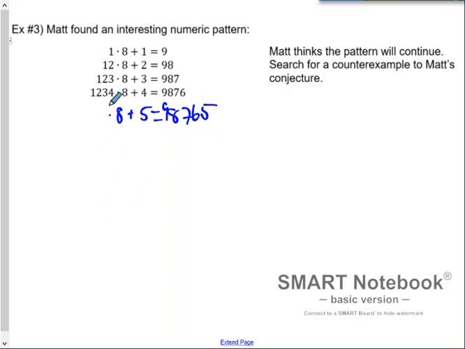And this number next will be 1, 2, 3, 4, and then 5. So in our calculators, we can check, is 12,345 times 8 plus 5, 98,765. And sure enough, it is. Okay, so this one also works out.